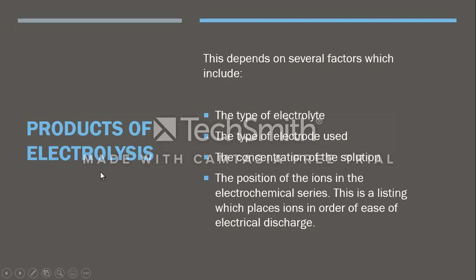So the factors which influence the products of electrolysis would definitely be the type of electrolyte, the type of electrode used, the concentration of the solution, and the position of the ions in the electrochemical series. And this series is a listing which places ions in order of ease of electrical discharge. And this is something we will be looking at in our next class.